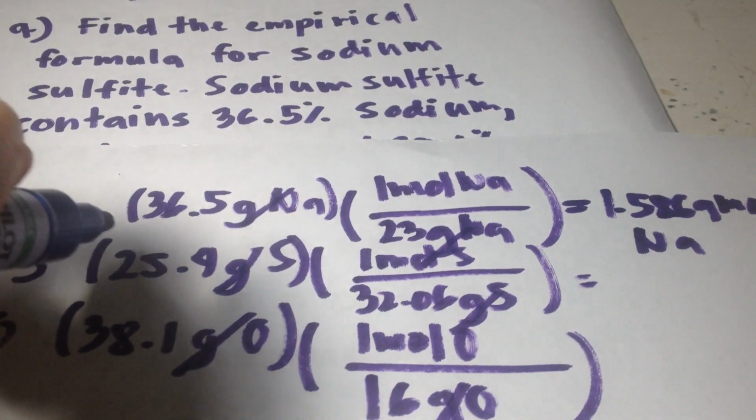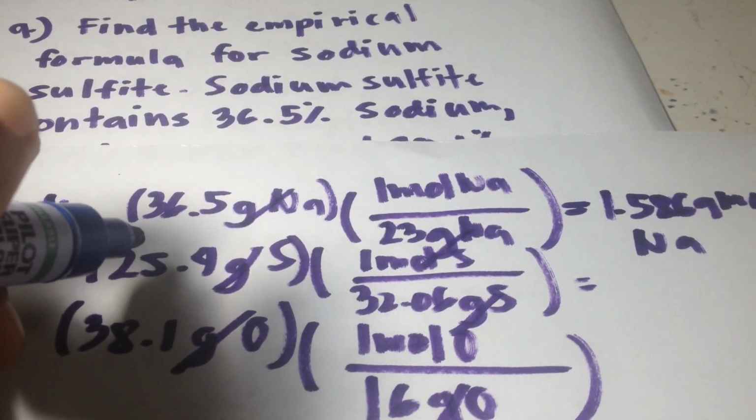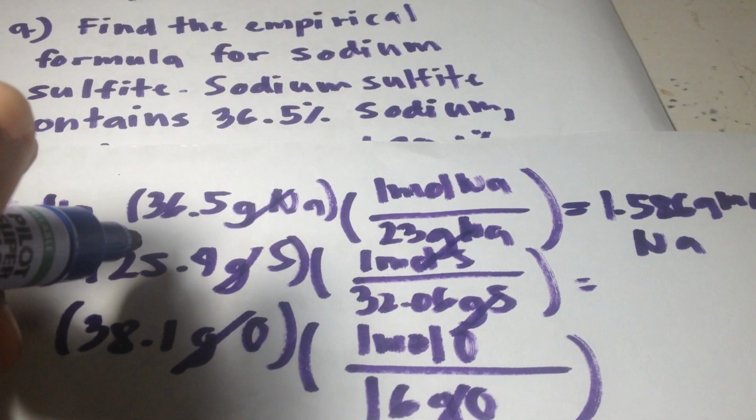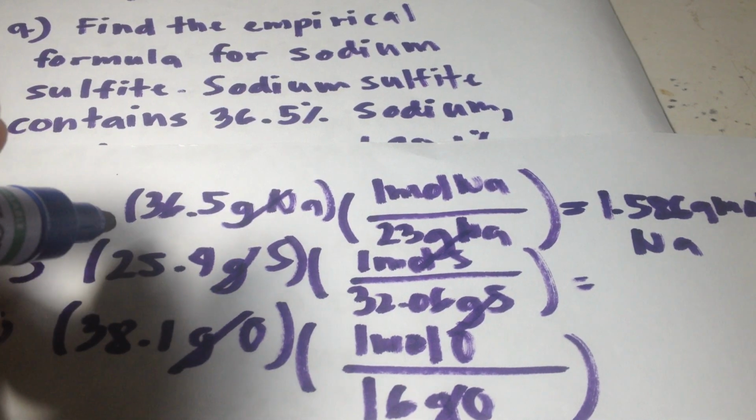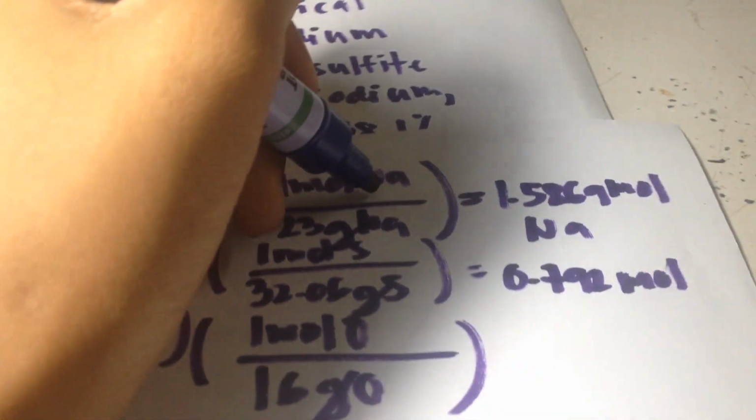Okay. And next is 25.4 divided by 32.06, which is equal to 0.792 moles of sulfur.